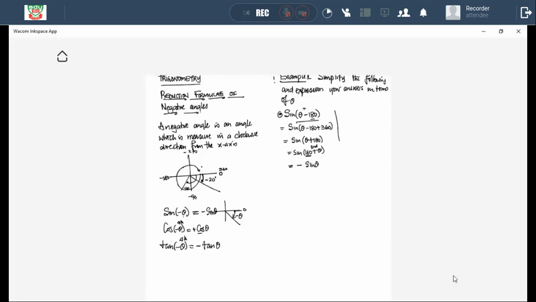Okay, that is the first method there. Let me take it using the second method. On my second method, I'm just going to say this is sine. I'm going to twist algebra a little bit. This is sine theta minus 180.